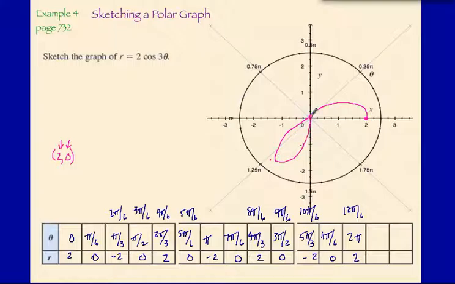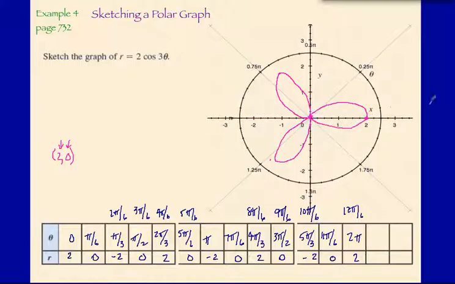And then at 2 pi over 3, which is over in this direction, we're supposed to hit 2 again over there. And then at 5 pi over 6, we're back at 0 again. And then at pi, we go negative 2. So since pi is over here, but it's a directed distance, the opposite direction takes us back to 2 over here. And there you have it.